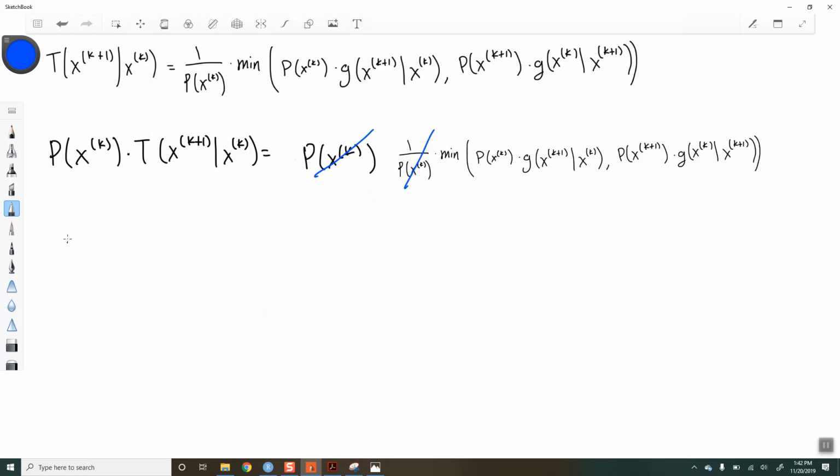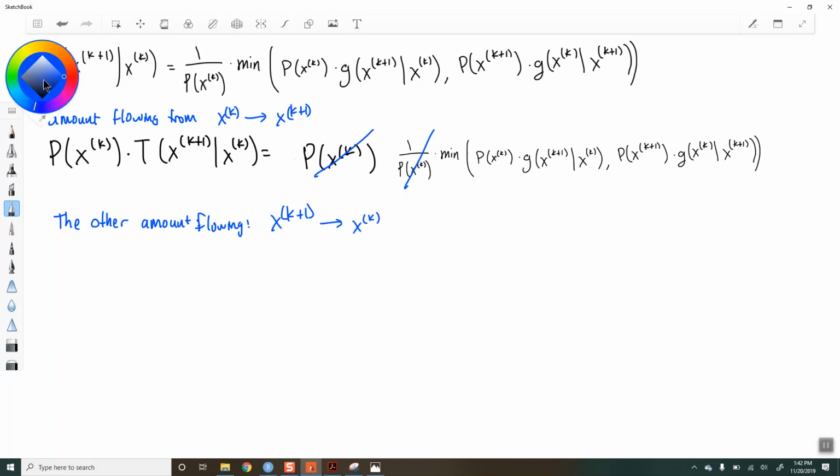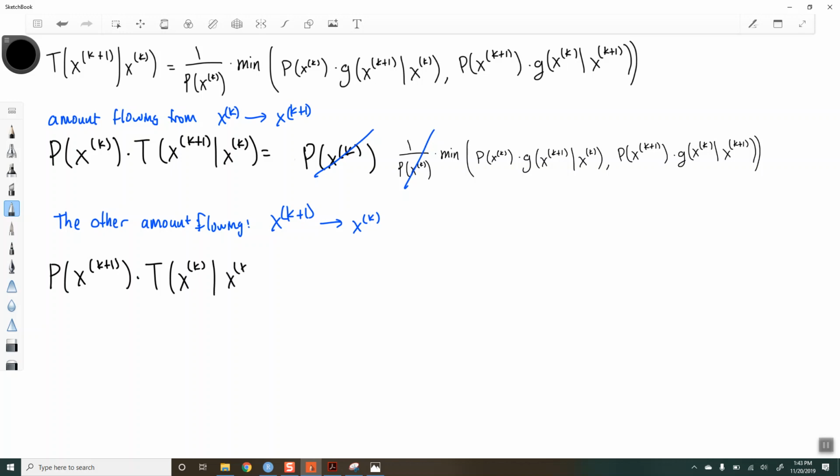And the other amount flowing: the amount flowing from xk to xk plus 1 is this, and the amount flowing from xk plus 1 to xk is going to be the probability of being at xk plus 1 times the transition probability of going to xk, given that we are at xk plus 1.